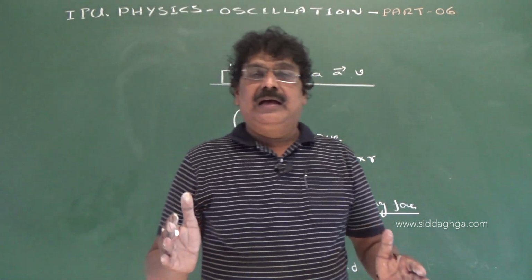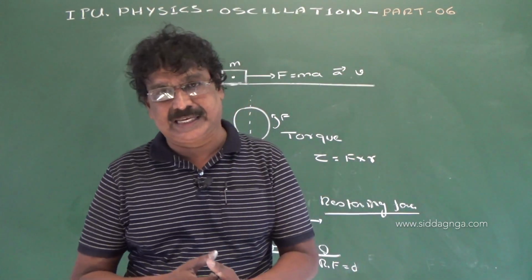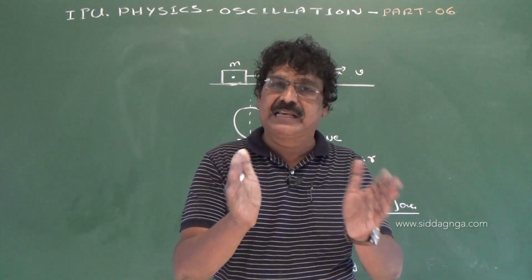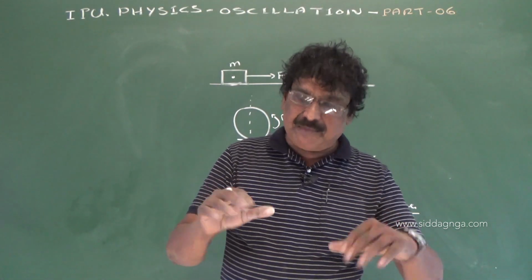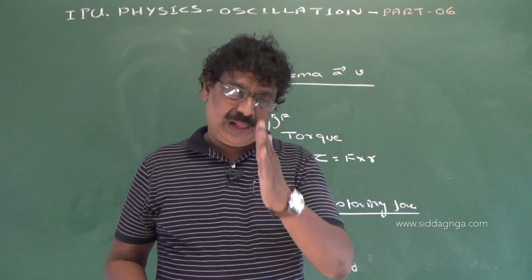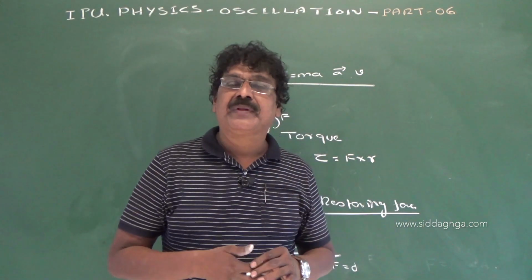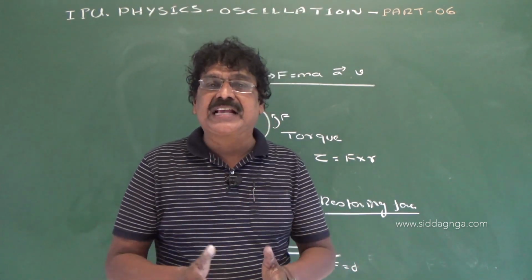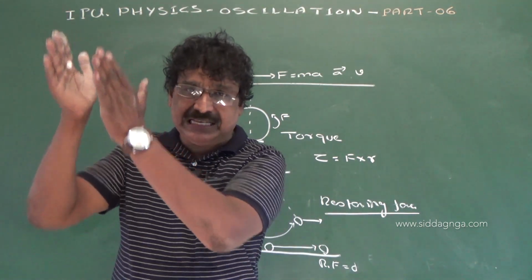So, let us conclude this class, that is part number 6. In the next class, part number 7, we are going to discuss some other important concepts like force constant, number 1. Number 2, let us obtain an expression for period of simple harmonic motion in general.